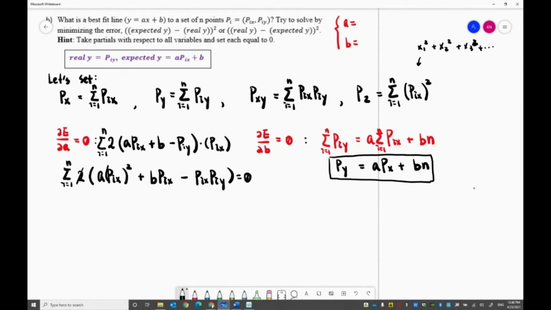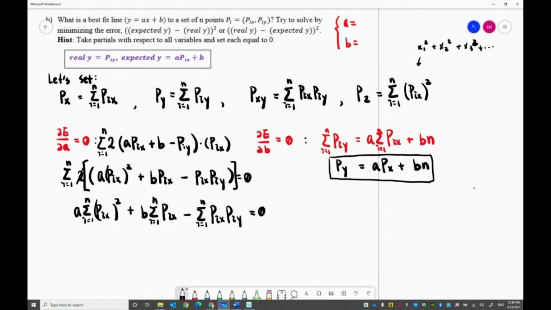So I'm going to take out the 2 first and divide by 2 on both sides. Then I distribute sigma: a times sigma point sub ix squared plus b times sigma point sub ix minus sigma point sub ix point sub iy equals 0. Now I'm going to plug in the shortcut symbols. The first one is a times, not p sub x, the first one is the sum of x squared, so p sub 2.